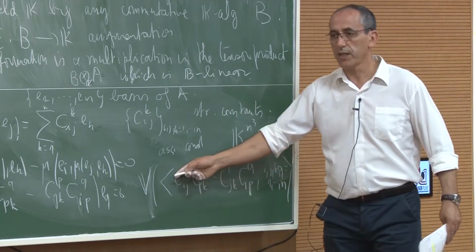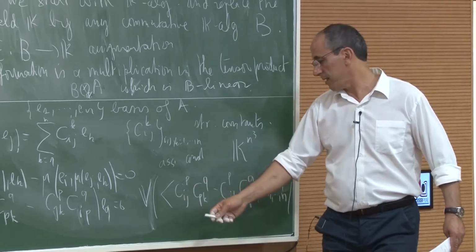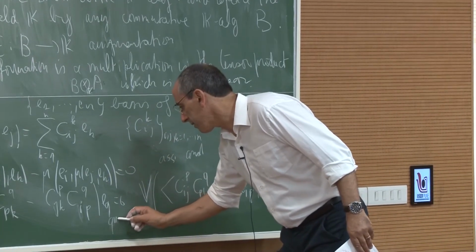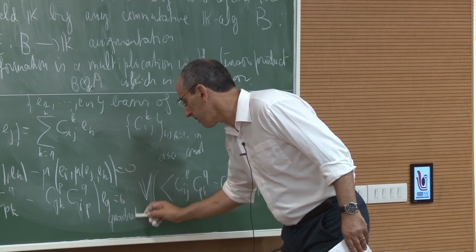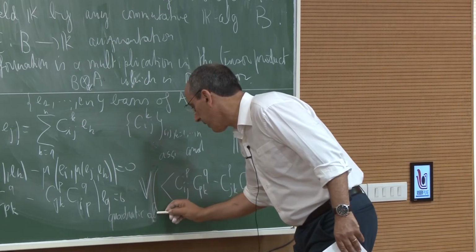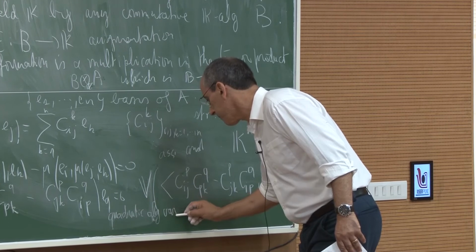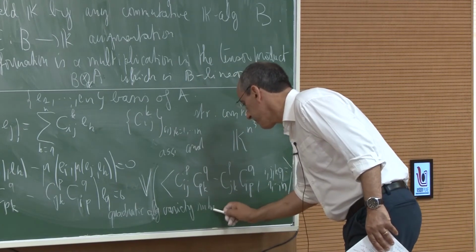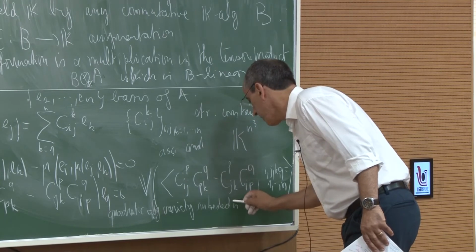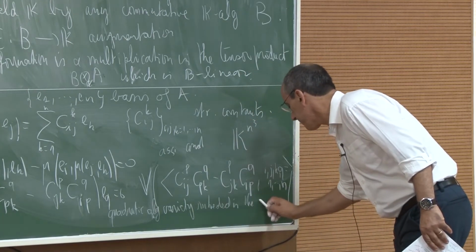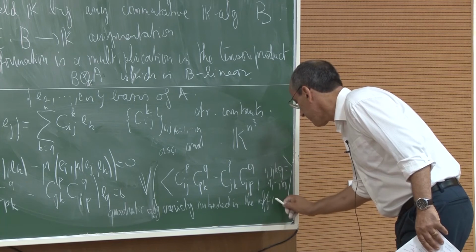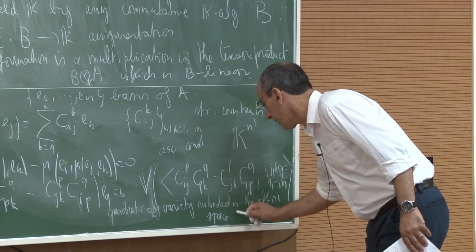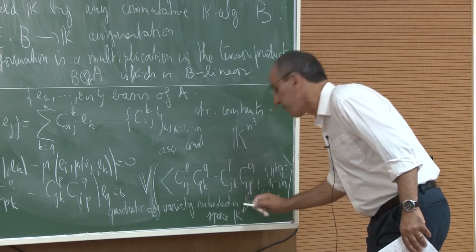We have this set of polynomials, and this is a quadratic algebraic variety embedded in the affine space k^(n^3).